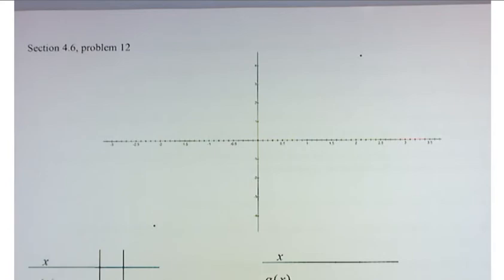Didn't we do one that was almost like 20 in section 4.4? Yeah, we did this exact one. We did 12. So let's do problem number 20. It's kind of a friendly one.